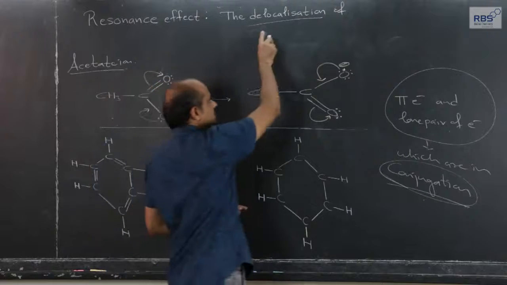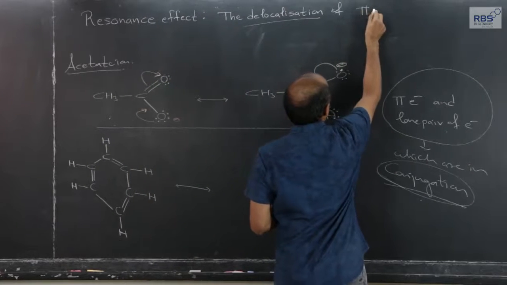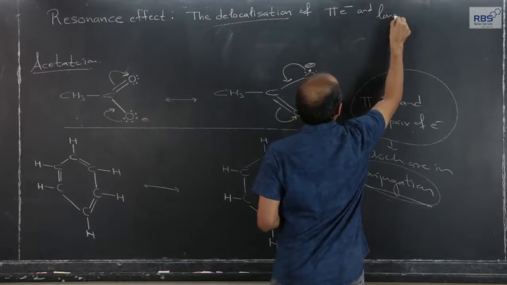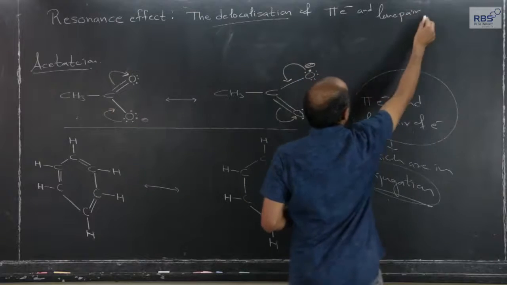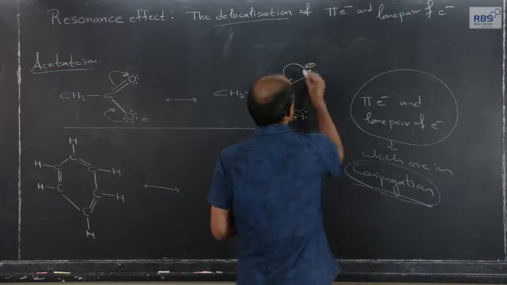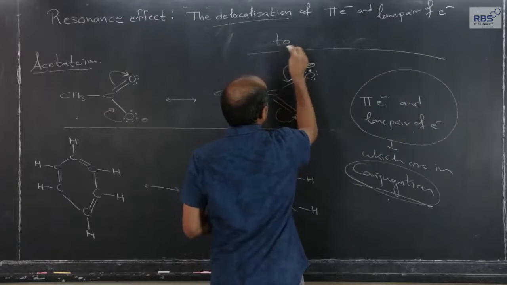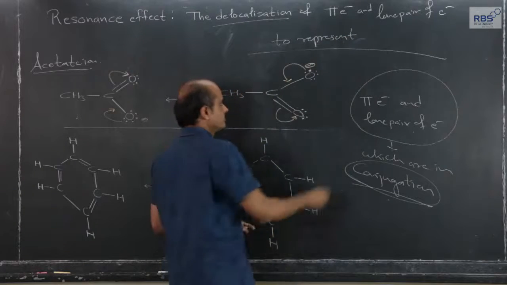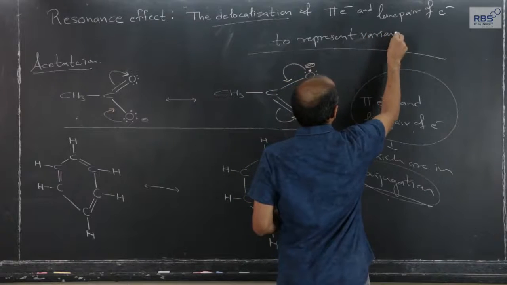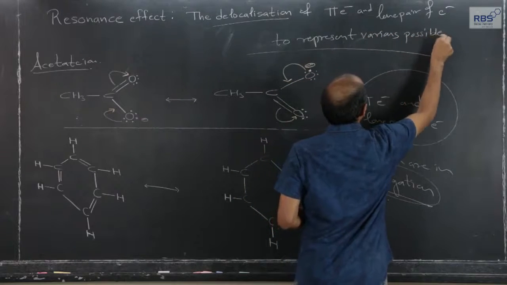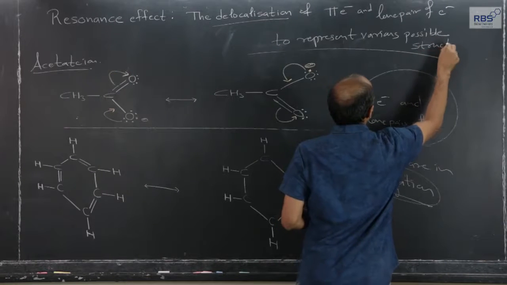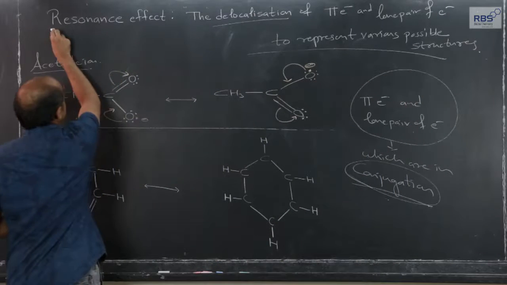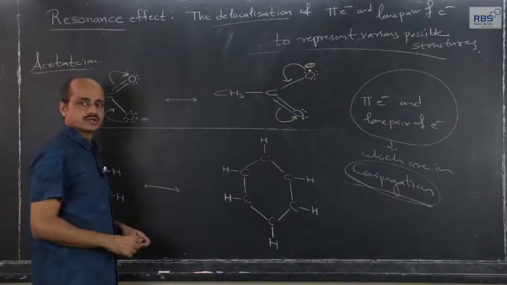This delocalization of pi electrons and lone pair of electrons to represent or to write various possible structures is called resonance.